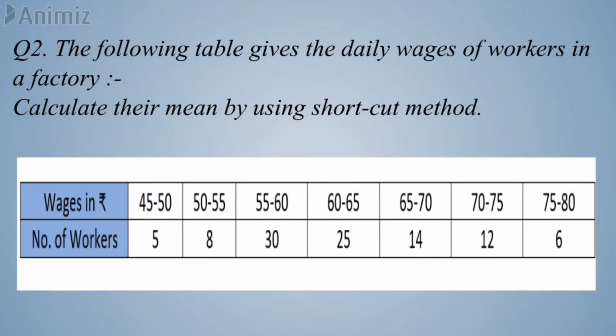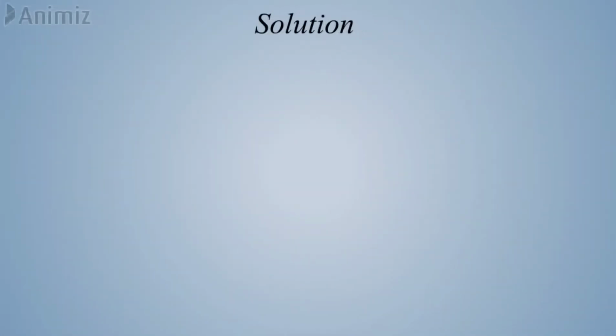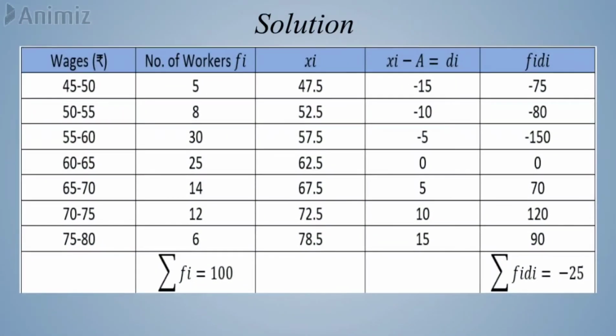We will discuss that now. Students, I have written the wages in the first column, and the number of workers we have considered as fi in the second column. The third column is the class mark, which we have indicated with xi, like in the previous method. 45 plus 50 divided by 2 will give you 47.5.